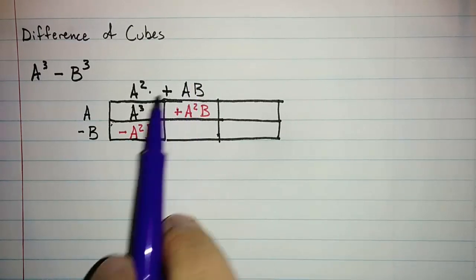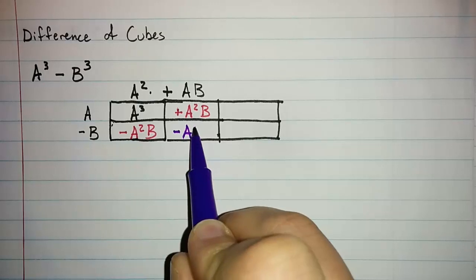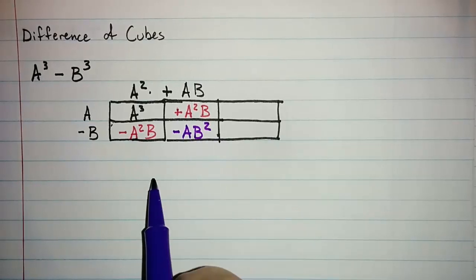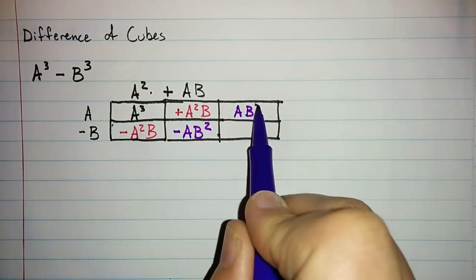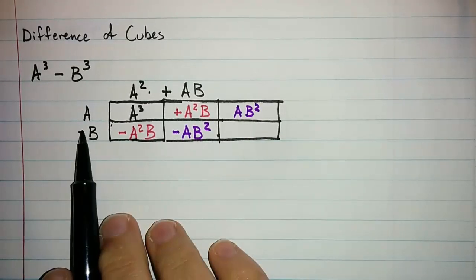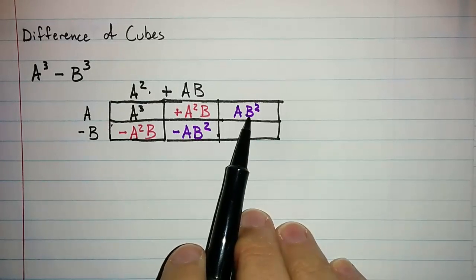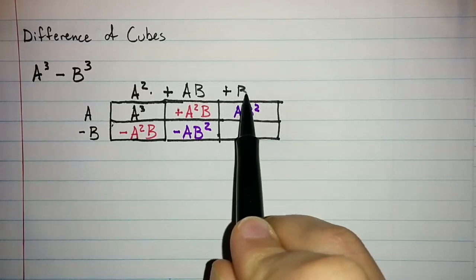Oh, but then ab times negative b is negative ab squared. So we must have a positive ab squared up here. What times a gives me ab squared? Positive b squared.